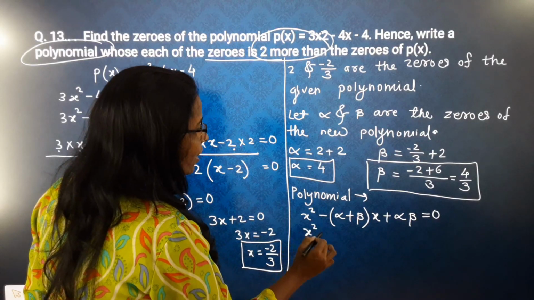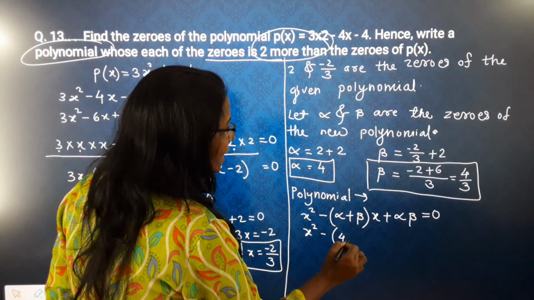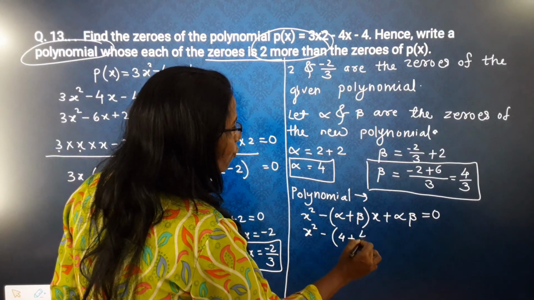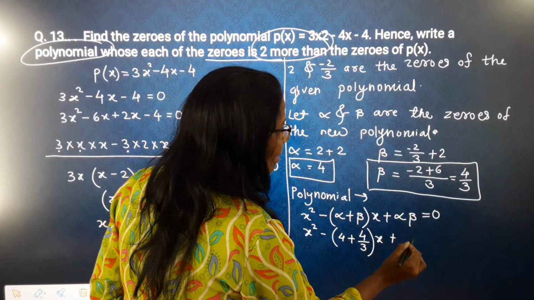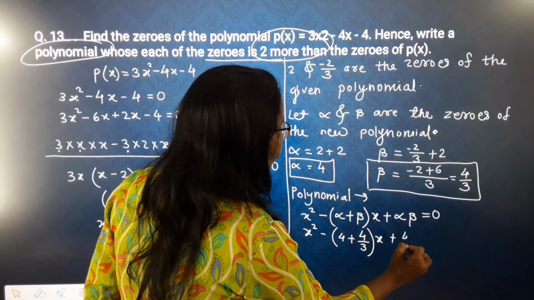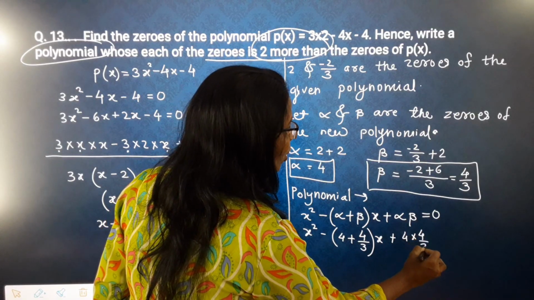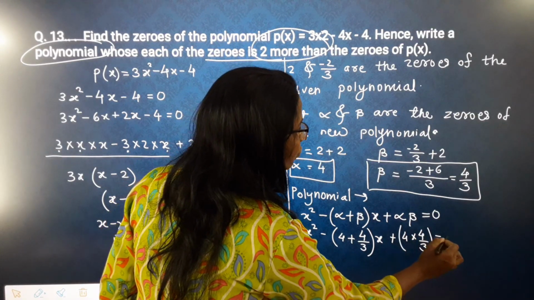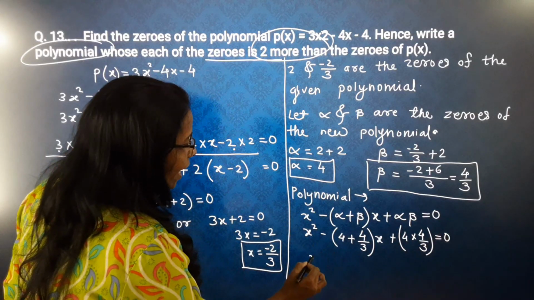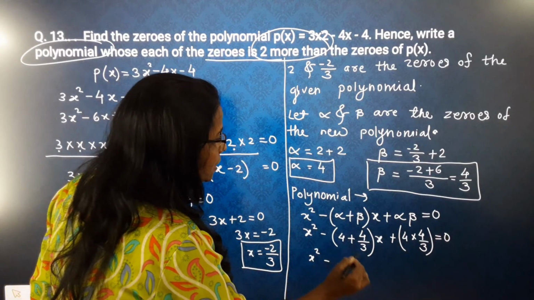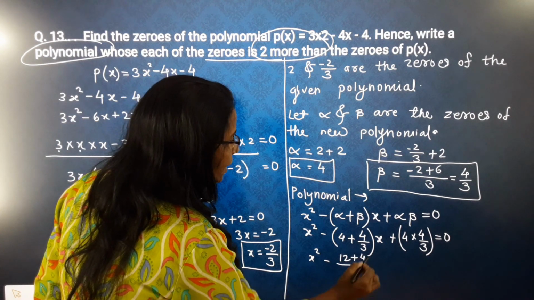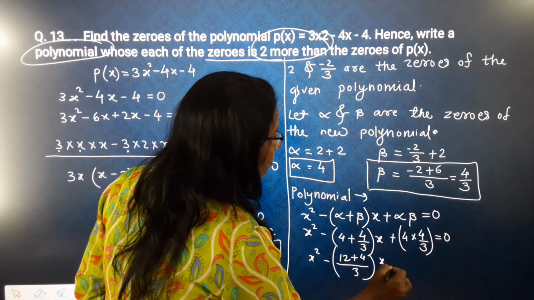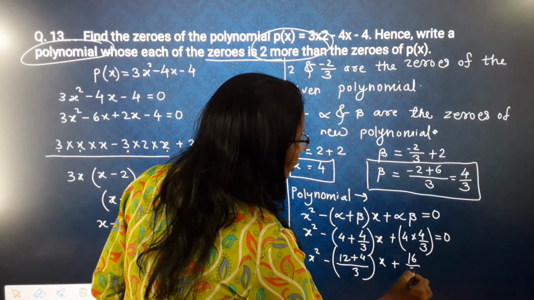That means x square minus alpha plus beta, that is 4 plus 4 upon 3, x plus alpha beta, that is 4 multiply 4 upon 3 is equal to 0. That means here x square minus 12 plus 4 upon 3 multiply x plus 16 upon 3 is equal to 0.